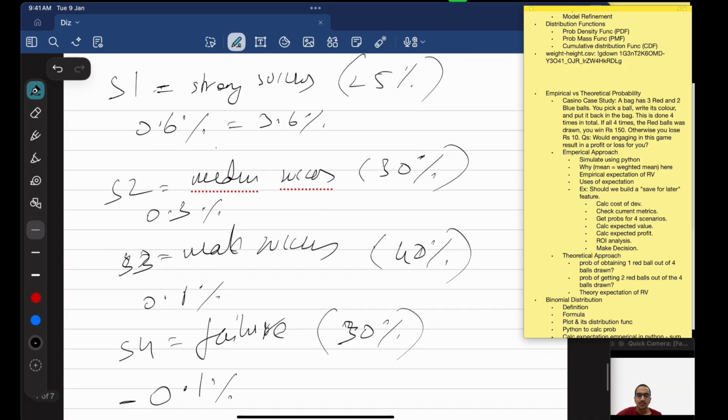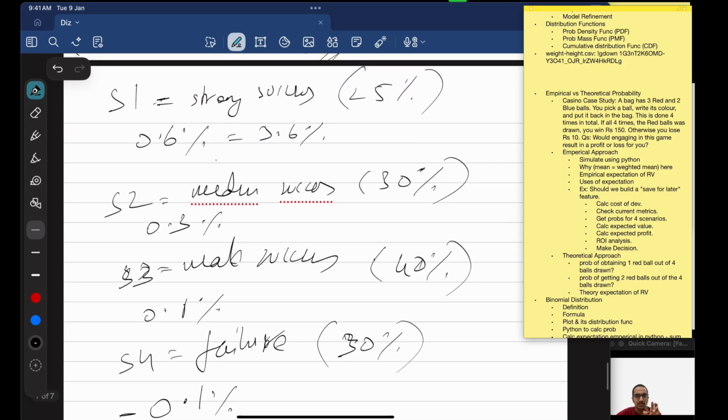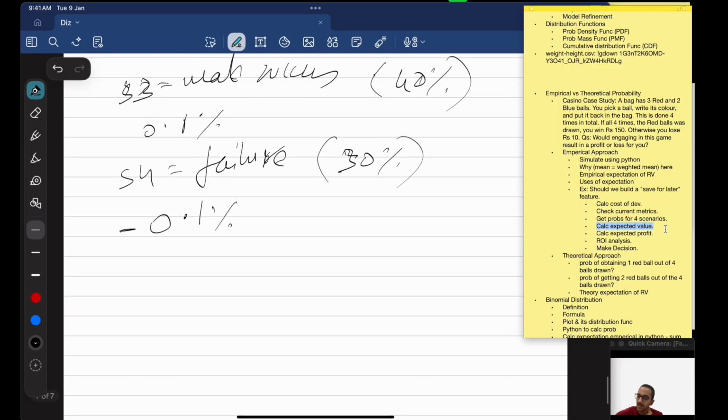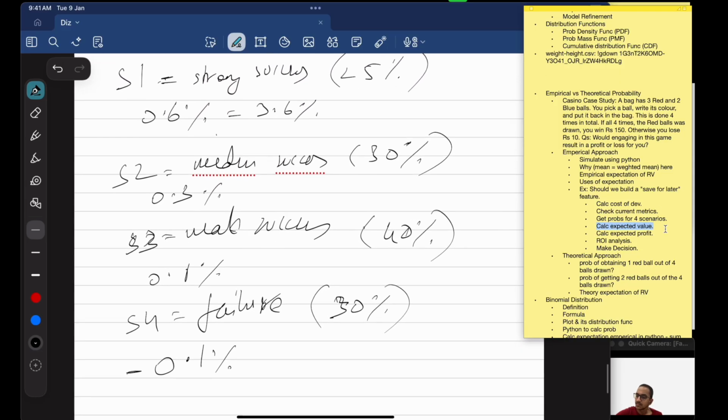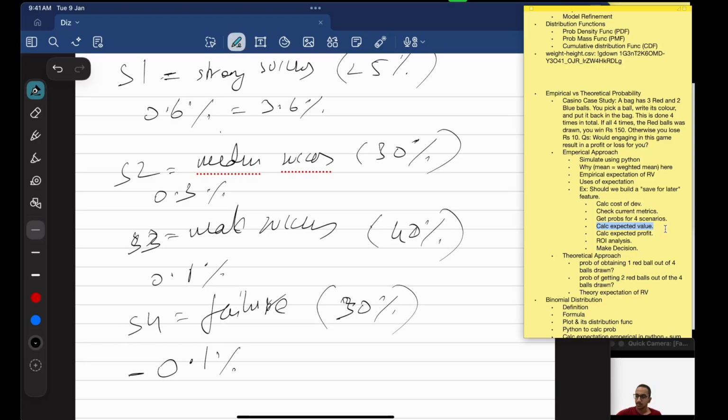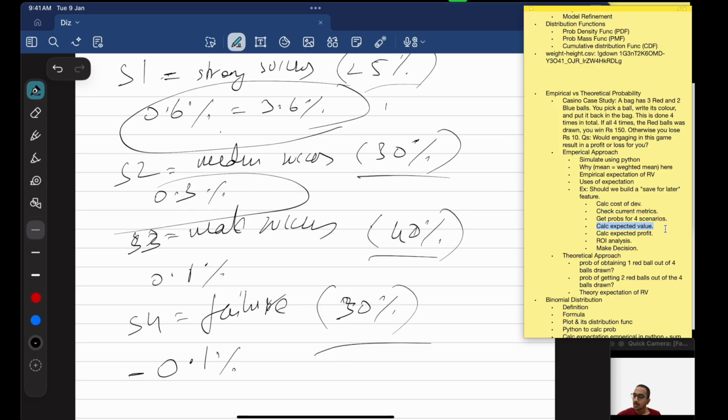Now what are we trying to do? We are trying to calculate the expected value, right? The expected value, as we saw, is the weighted average of the values, the revenues in this case, times the probabilities.